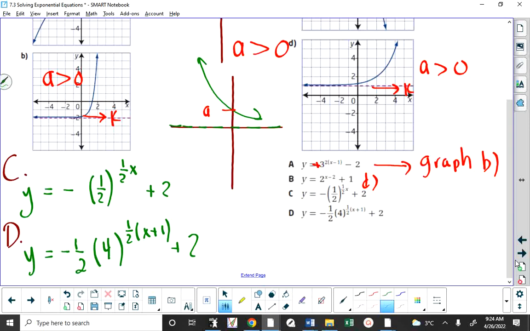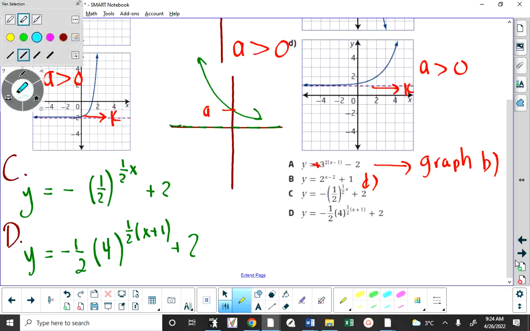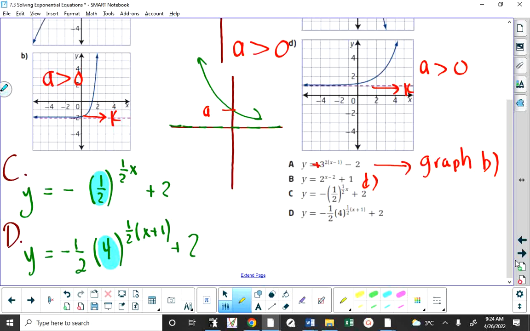The thing I want to impress on you is the base here is a half, but the base here is 4. Which, by the way, as long as there aren't any horizontal reflections, means that the equation in D has to have a graph that would be an increasing function before it's reflected.